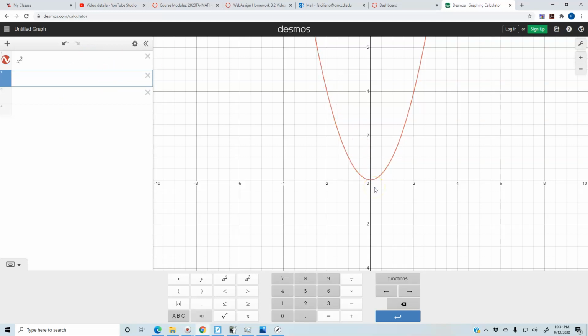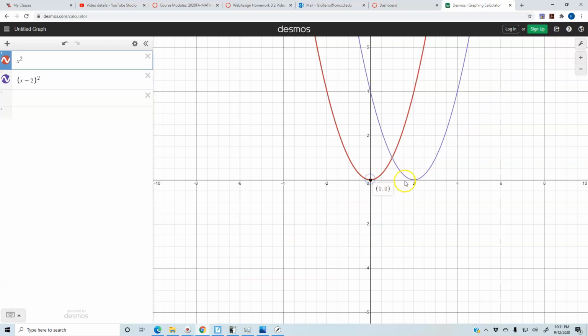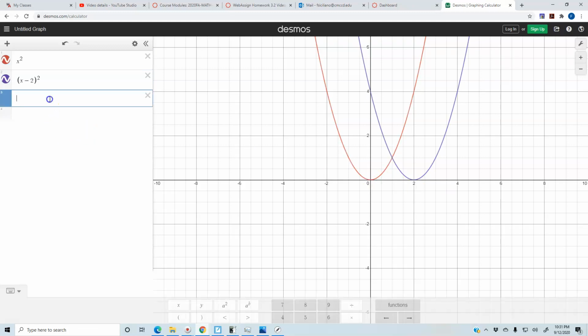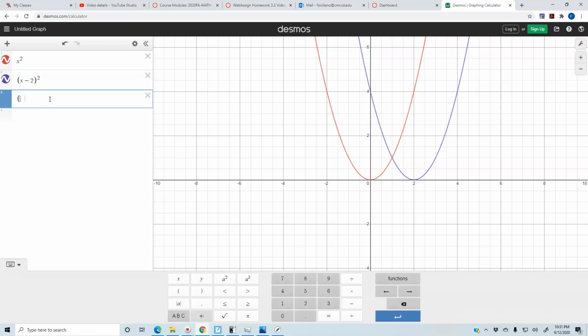In our scenario, we took the input, subtracted 2, and then squared it, and you can see here that it shifted 2 units to the right, which is what our example has just done.